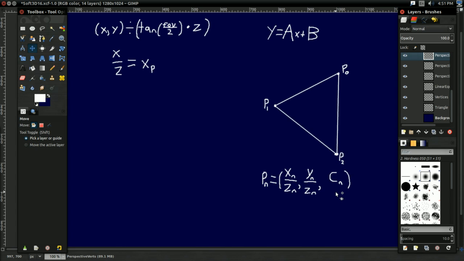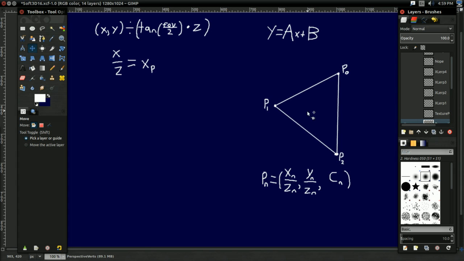Well, maybe this will only cause an issue if dividing by z will somehow cause interpolating this value to not be, well, a real linear equation. So, just to clarify, our whole question is whether or not dividing by z somehow stops our interpolation from being linear.